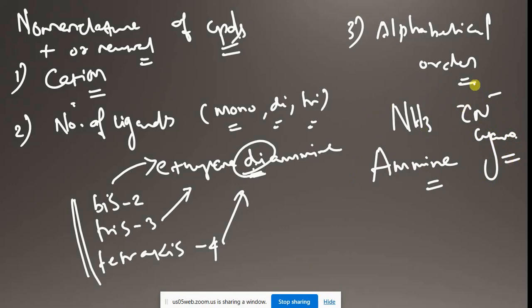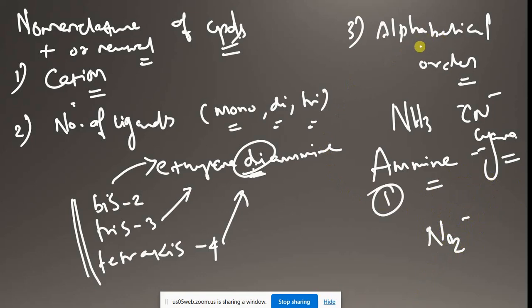If both ligands are present in a compound, what do we write? First we write amine, A comes first, and then we write cyano, for C. If NO2 minus, the nitro ligand, is present in the compound, this should be written last.